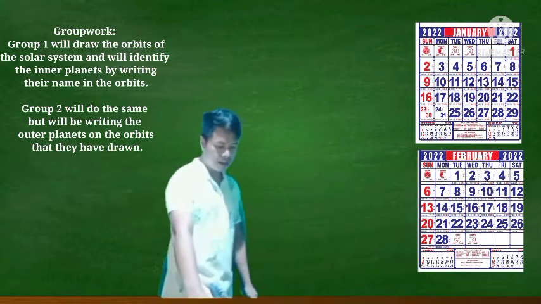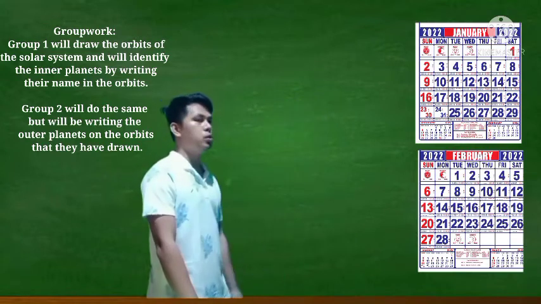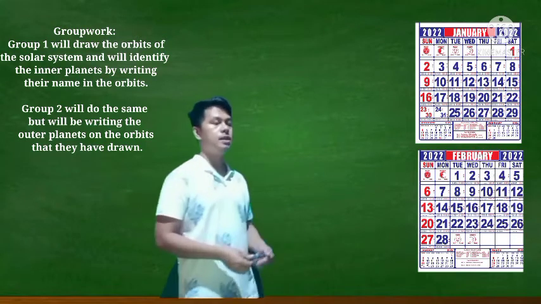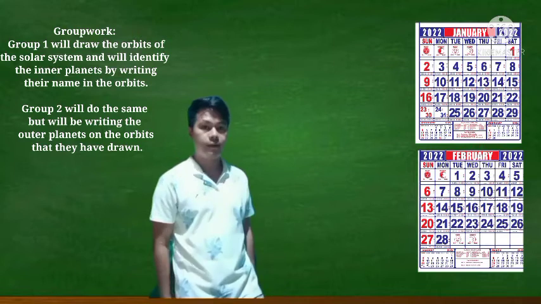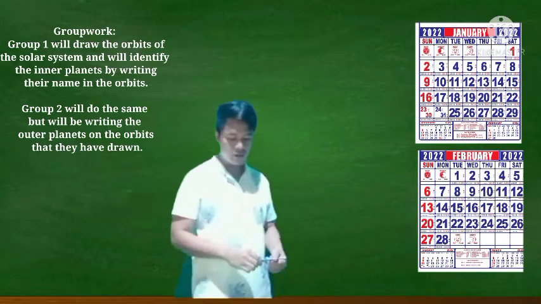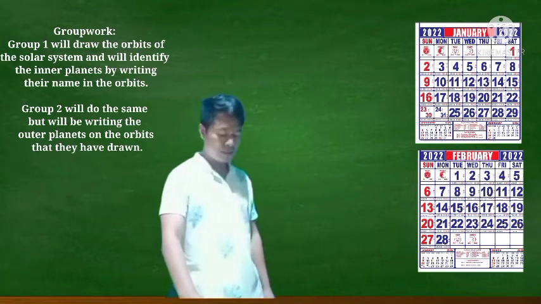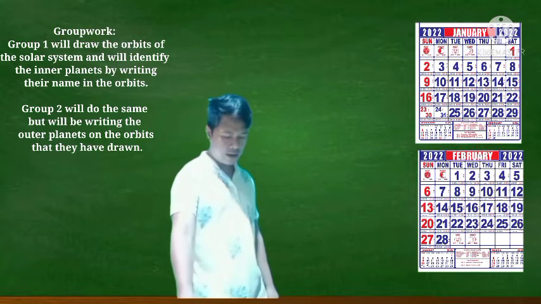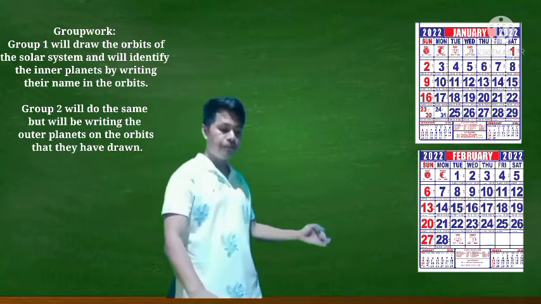Alright, so let's get back to grade 5. So, alright, grade 5, how are you doing? So now let's start with the presentation of your output, and let's start with group 1. Alright, grade 4, thank you for your active participation in the presentation of your outputs. And for now, I want you to answer your set work number 2.